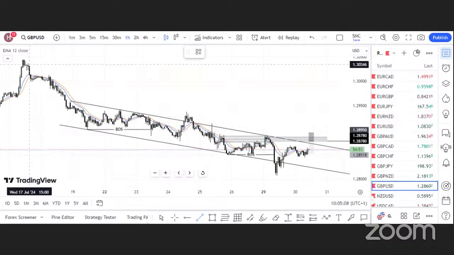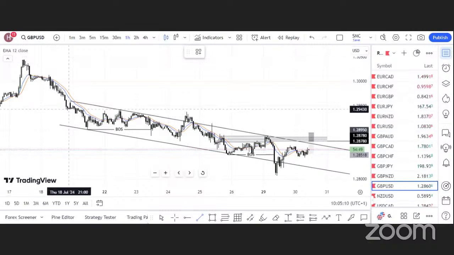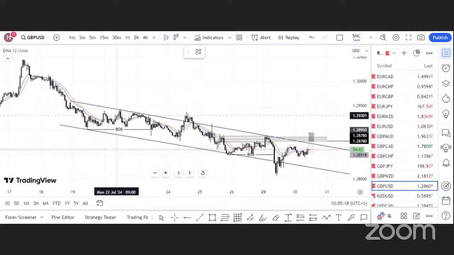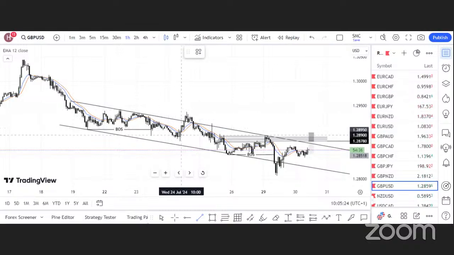So this is a low, this is a high. All right, this is a high right here. This is a low. Okay, so this is another high, and as you can see, the high didn't go above this high. This cannot be considered a low because the market didn't go high.